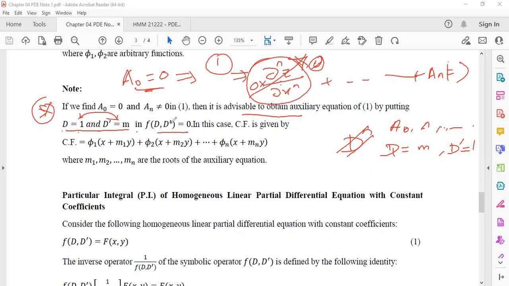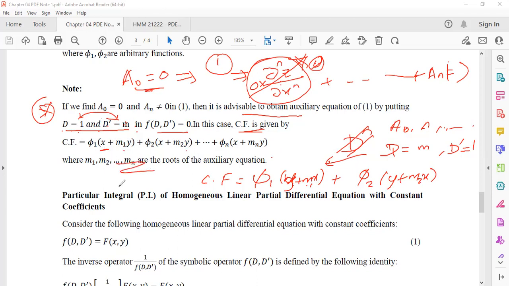And again, we have the same kind of things. In that case, the complementary function will change. Our actual complementary function for this case has phi 1 of y plus m1 x, phi 2 of y plus m2 x. Since we are taking this in the swapped way, D dash is m and D is equal to 1, the y plus mx changes into x plus m1 y, x plus m2 y.